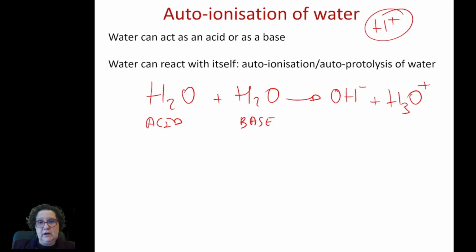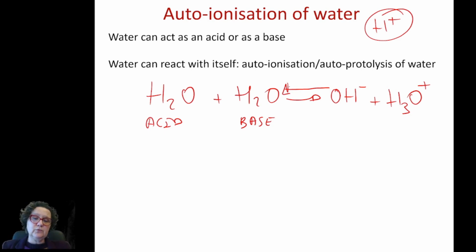In a normal sample of water, we have a container with water. There will be a tiny amount of water that will have reacted with other molecules of water to liberate hydroxyl ions and hydrogen ions. This is what we call an equilibrium. It is an extremely displaced equilibrium.